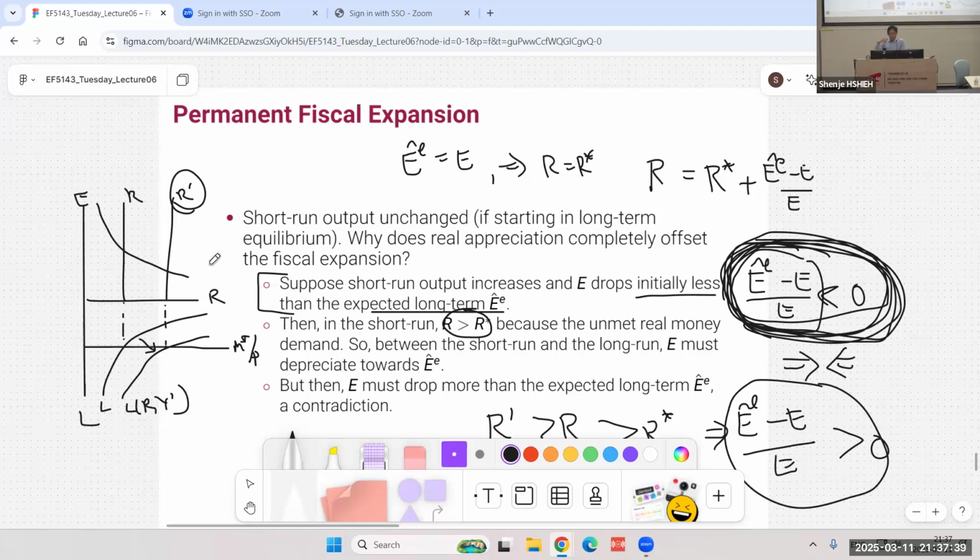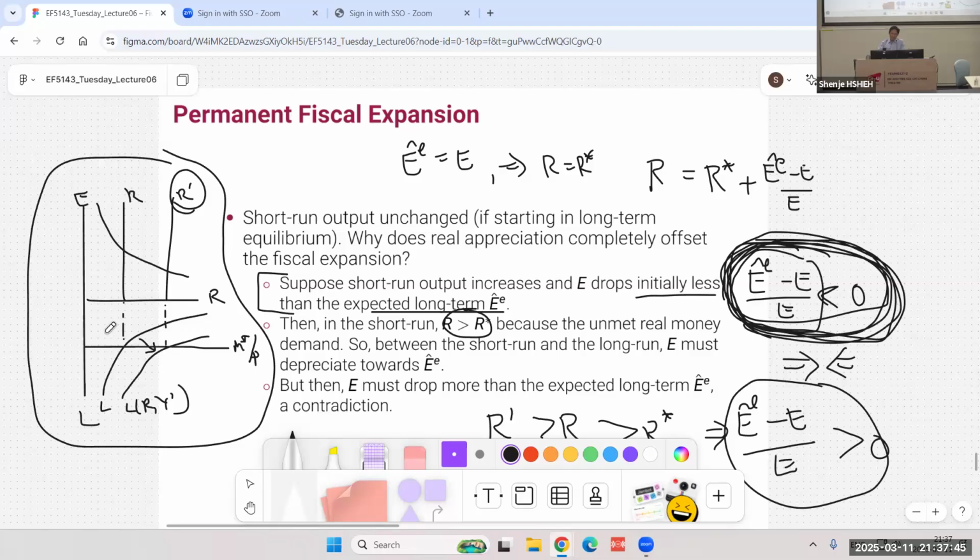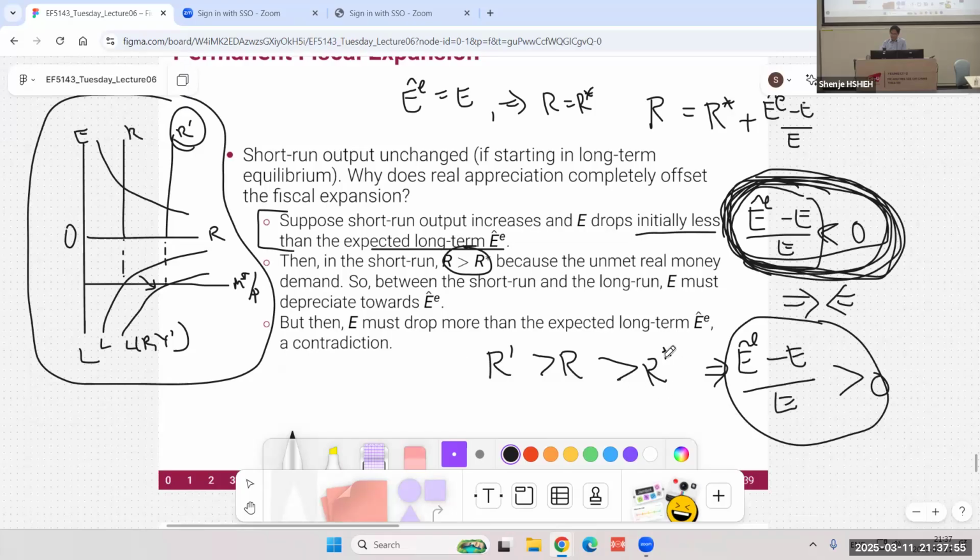Now, looking at the short-term model, if we have an output effect, that means the liquidity preference line is shifting away from the origin, which means that interest rates are increasing. If interest rates are increasing, there must be an offsetting expected depreciation of the domestic currency that's positive.